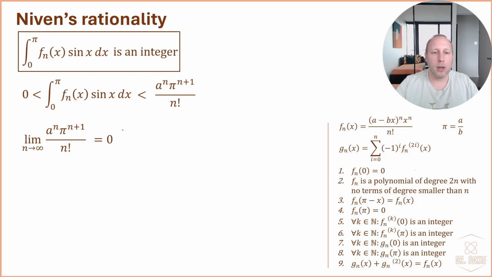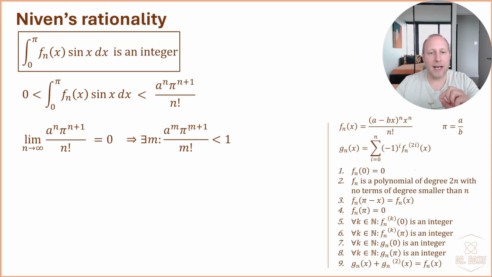And so the denominator grows much quicker to infinity as n grows. A way to test this mathematically is, for instance, using the ratio test for sequences. But the fact that this goes to 0 means that if we take n large enough, this will be smaller than 1. In other words, there exists some m such that that expression is less than 1.